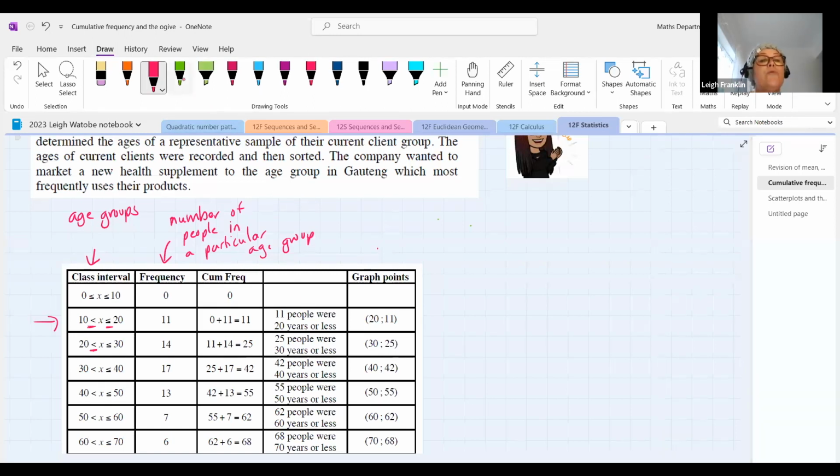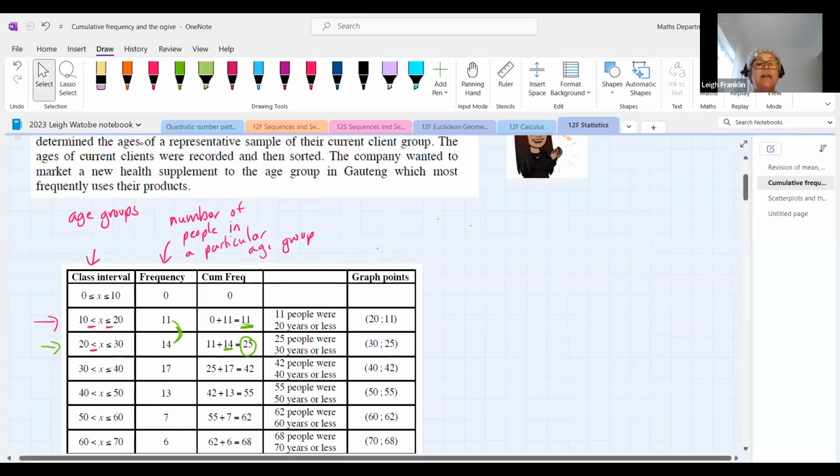In the row with the green arrow, 20 to 30 years, the cumulative frequency is now 25. We've added the 11 before to the 14. So these two numbers have been added together to give us a running total of 25. What does that mean? It means that there were 25 people who are 30 years of age or less who have participated in this study.